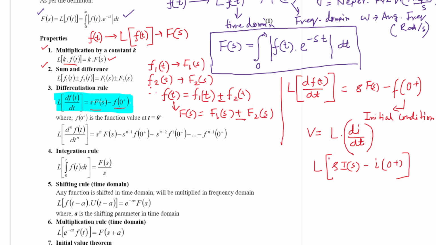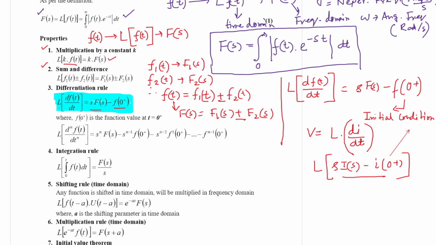If we apply the Laplace transform on this equation, this di/dt becomes, as per this differentiation rule, sI(s) minus I(0+). So what is I(0+)? It is the current flowing through the inductor just after the switching.